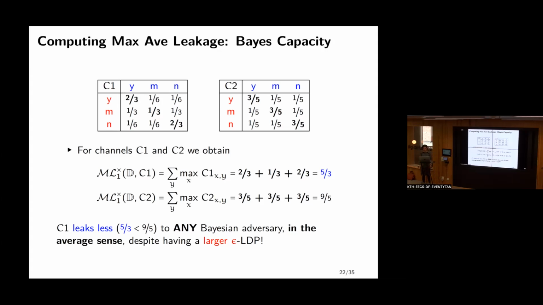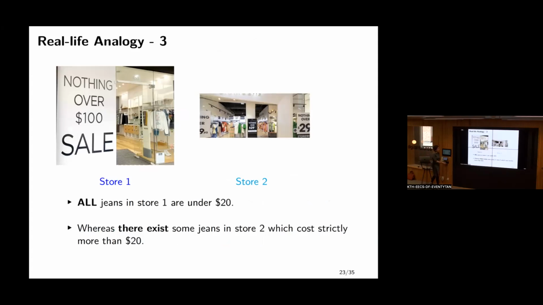If I were to compare it to my store analogy, it's kind of like saying that there is a class of products, let's say all jeans, in store 1 that are under $20, whereas there exist some jeans in store 2 that are strictly more expensive than $20. So I have identified the class of products and compared them in these two stores, and I could say with certainty that if you're interested in this class of products, you had better go to store 1.